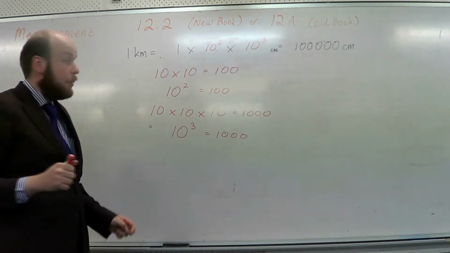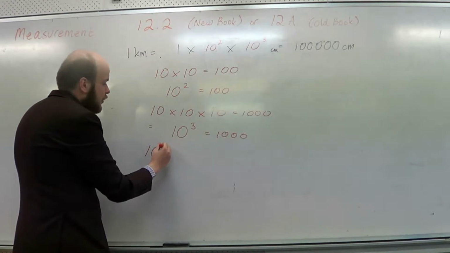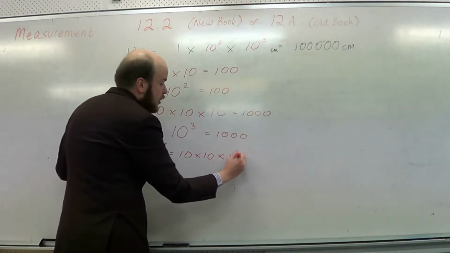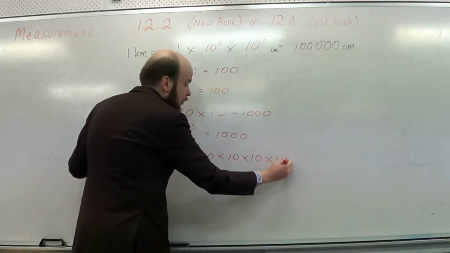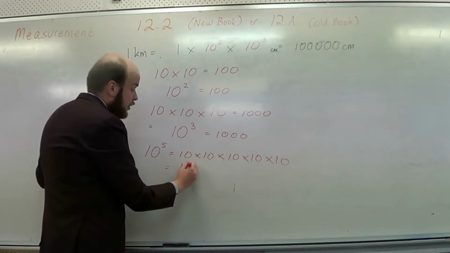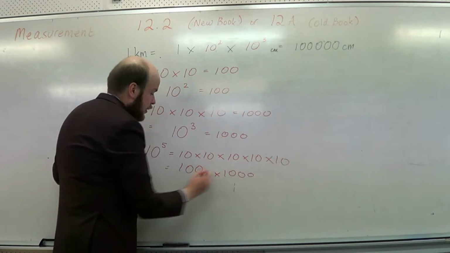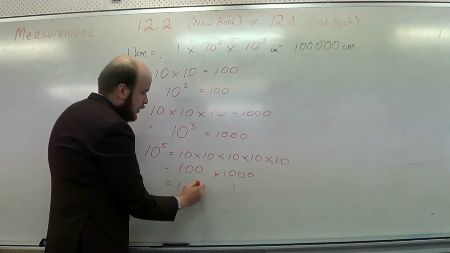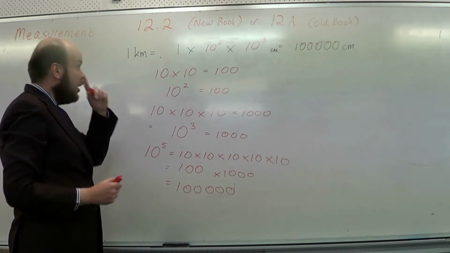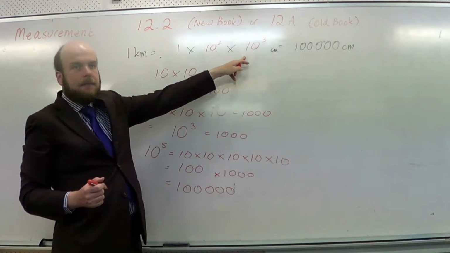Now, the wonderful thing about indices: 10 to the power of 5 is the same as 10 times 10 times 10 times 10 times 10. In other words, 10 times 10 is 100, 10 times 10 times 10 is 1,000, and so on until it's 100,000.